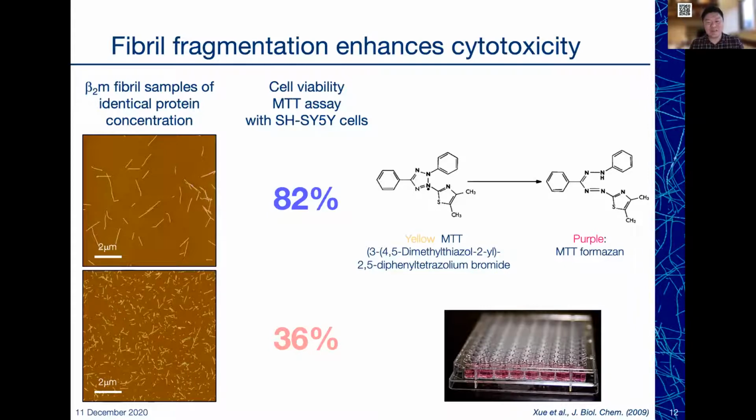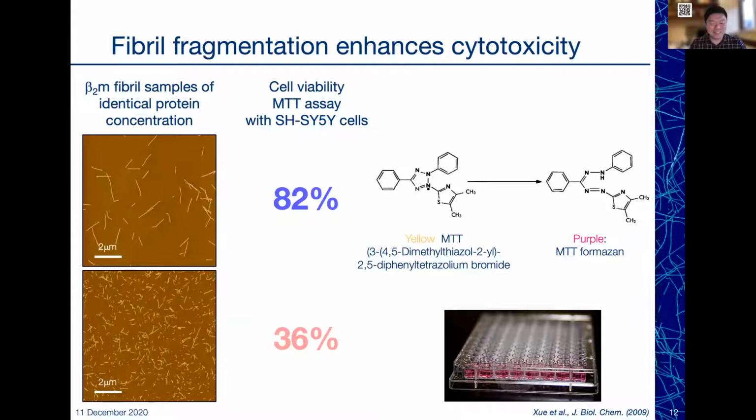If we measure how the viability of cells changes when you add fibrils from different reactions, we also notice that if you fragment the fibrils with exactly the same amount of protein, but the fibrils are much smaller and larger in number, then they are much better. The same solution will be much better at reducing the cell viability.